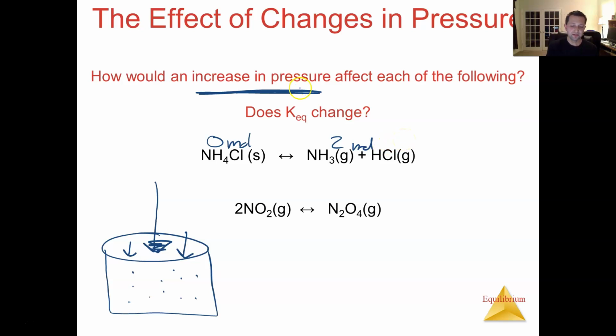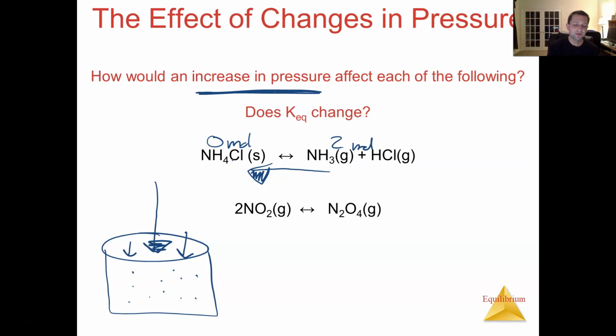So an increase in pressure would change my equilibrium by shifting in a direction so I can decrease my pressure again. So this first reaction, I want to shift it to the reactant side. Okay? So as this reaction proceeds to the reactant side, the gas is coming out of the system. It's turning into a solid. So you have less gas because coming out of the system back into a solid means less pressure.